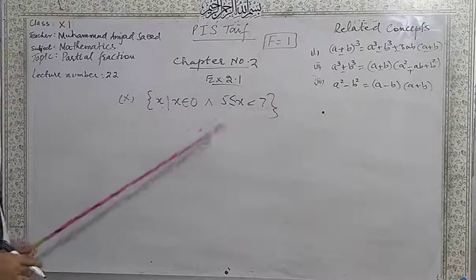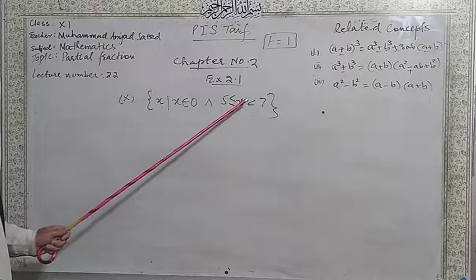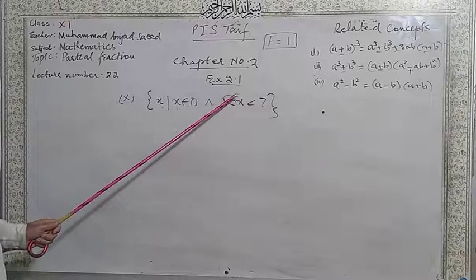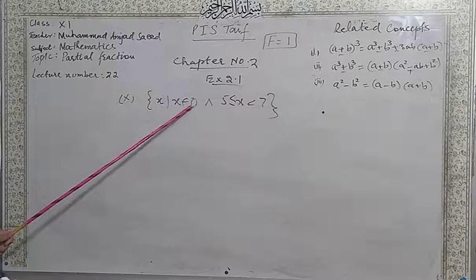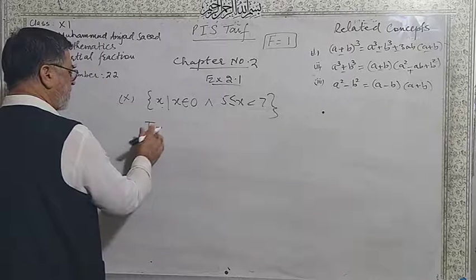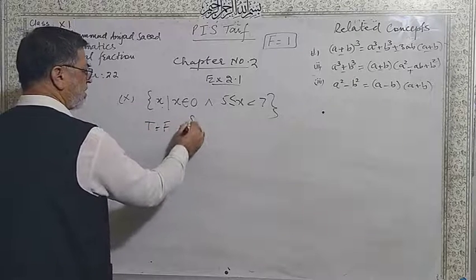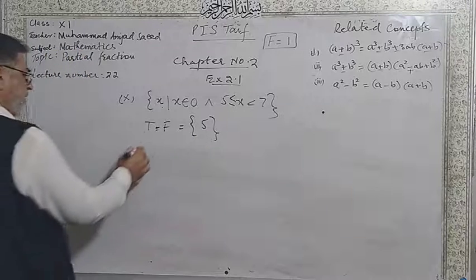Dear students, you can check. O means the set of odd numbers, x is less than 7 but greater than or equal to 5; 6 is not included in the set of odd numbers. Therefore, tabular form is a singleton set, that is only 5.